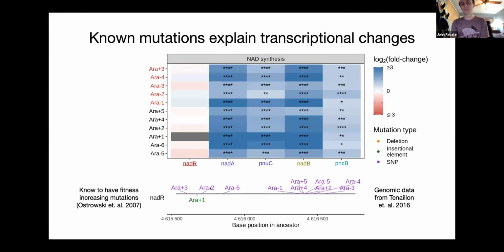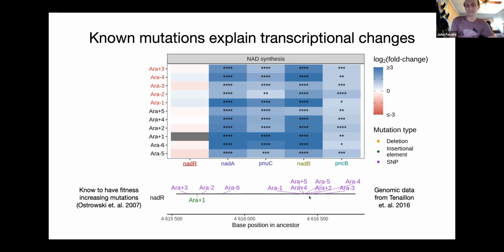And then when I look at the expression data, I can see that the NADR gene itself is largely unaltered and never reaches statistical significance. And in this case, it has a gray box because it's had an insertion, which probably caused a frameshift, which probably destroyed the whole protein. So in my data, generally those end up as gray boxes on heat maps. But all of the genes it's supposed to repress have reached some level of statistical significance, and they're all upregulated.